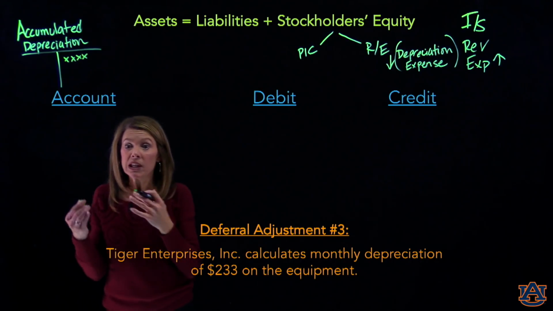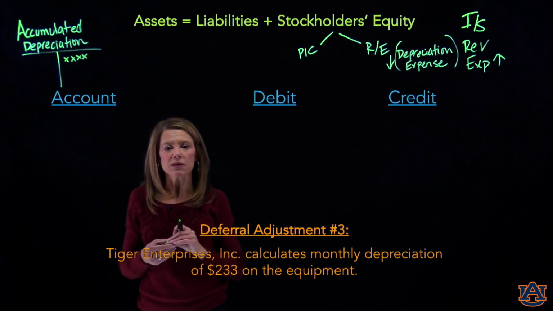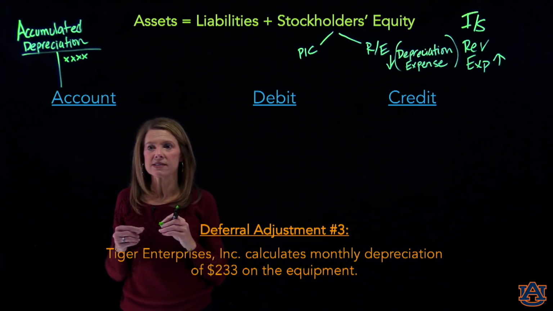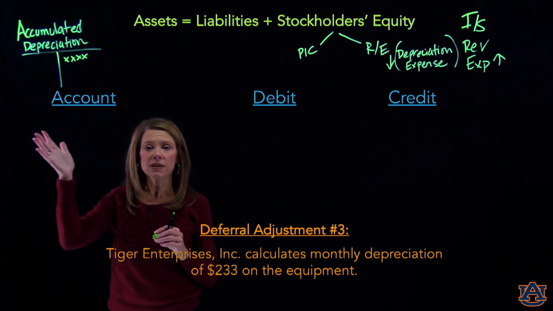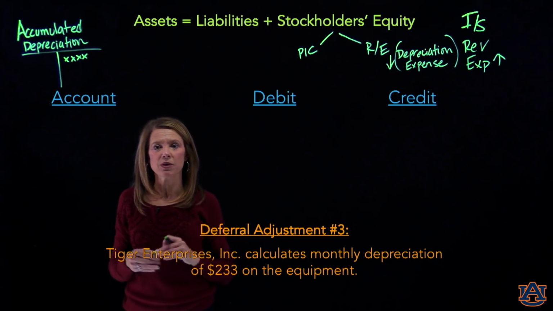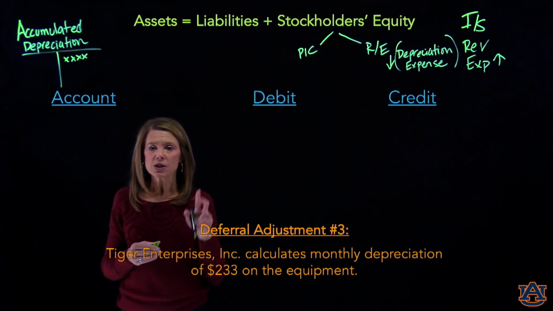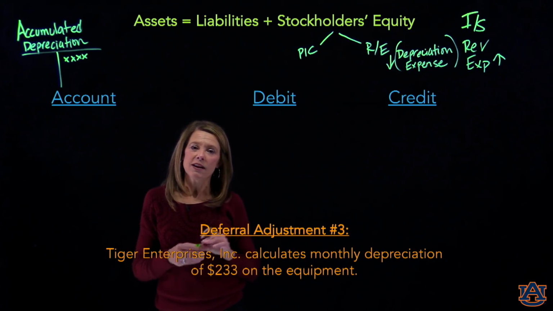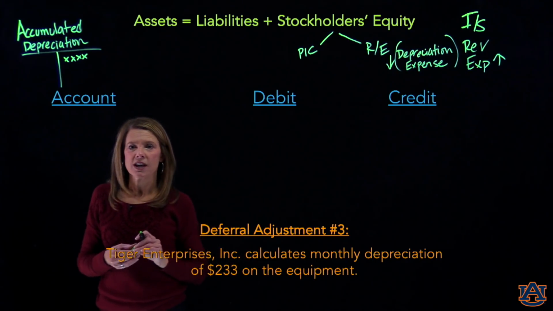Okay? So when we look at the balance sheet and we look at our property, plant, and equipment, which is what depreciation relates to, we can see, oh, we paid this amount for our equipment, and accumulated depreciation would represent the cumulative amount of that asset that we've used up. And so that's how that account is used. So our two accounts to record this transaction are going to be expense and accumulated depreciation.